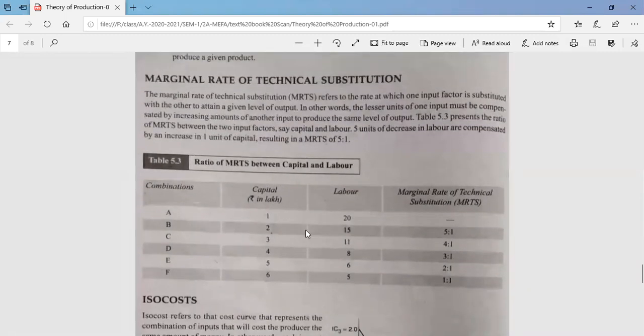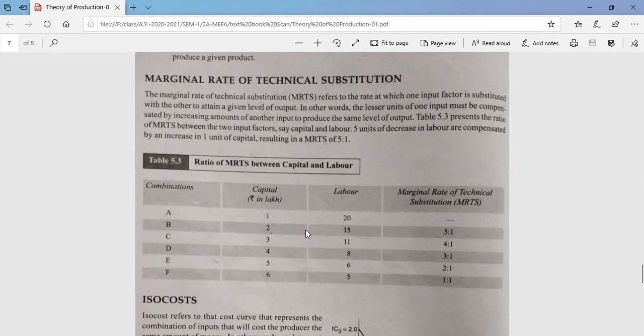So we have MRTS, that is the marginal rate of technical substitution. What does this mean? If I don't have a sufficient amount of labor to do my work, I have to depend on, and increase, another variable.